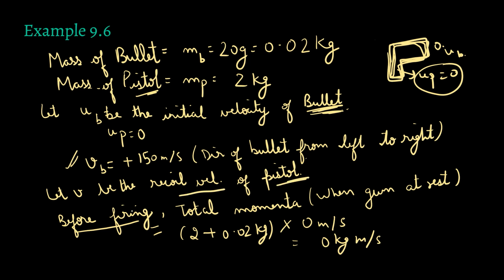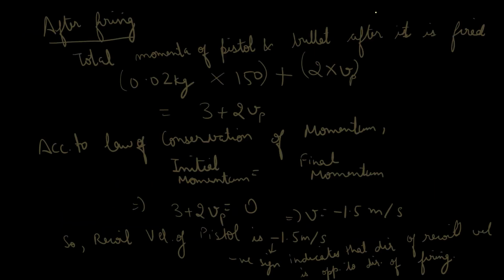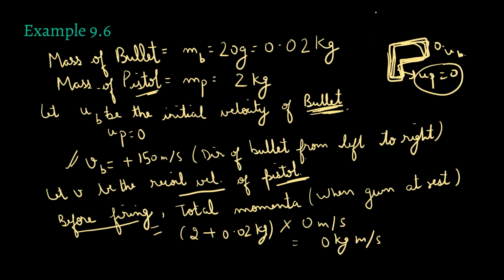Before firing, what will be the total momentum? Since our whole system of bullet and gun is at rest, the velocity is 0. So we take the initial momentum, which will be m1 u1 plus m2 u2.